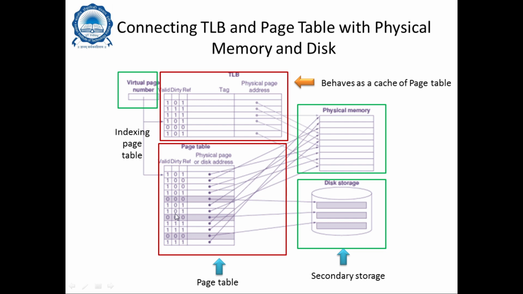Page numbers that are not present inside the page table indicate a true page fault, and therefore the valid bit is 0. In that case, these shaded blue bars point out that the page is inside the disk and not inside the physical memory.